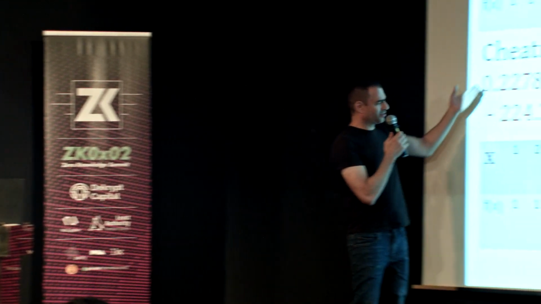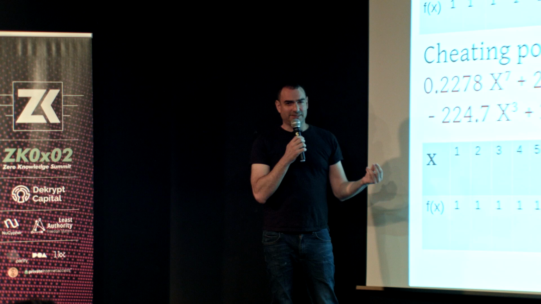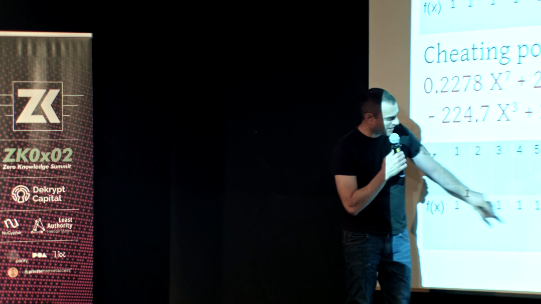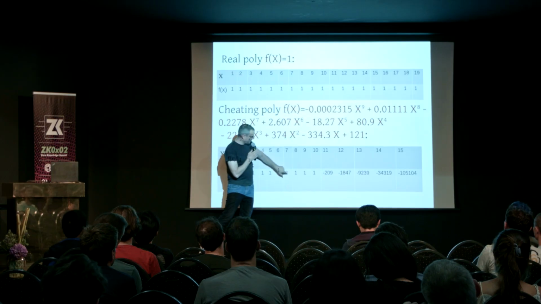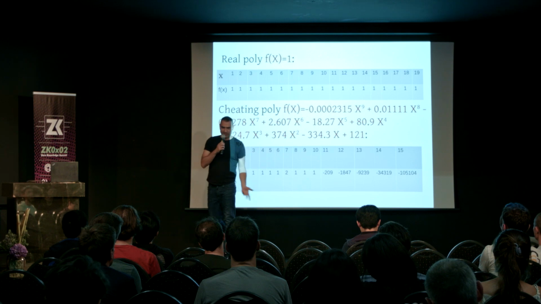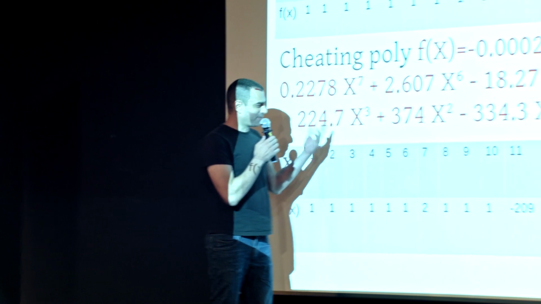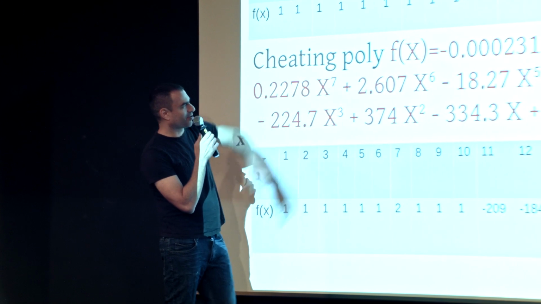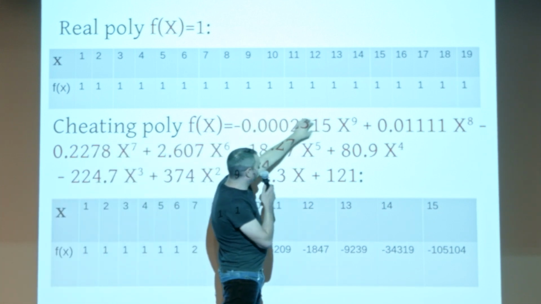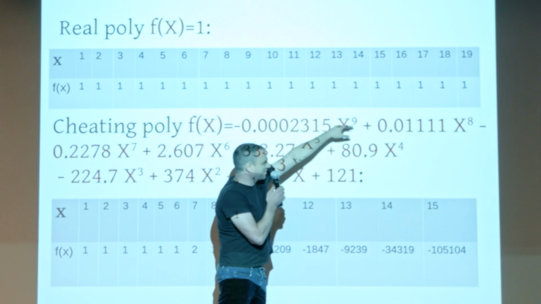So now I need to find a degree 9 polynomial that gets these weird values, 1, 1, 1, 1, 1, then suddenly 2, and then 3 more 1s. So you do what's called Lagrange interpolation. You find such a polynomial. This is just an approximation. It's going to look something like this, 0.00 something times x to the 9th.